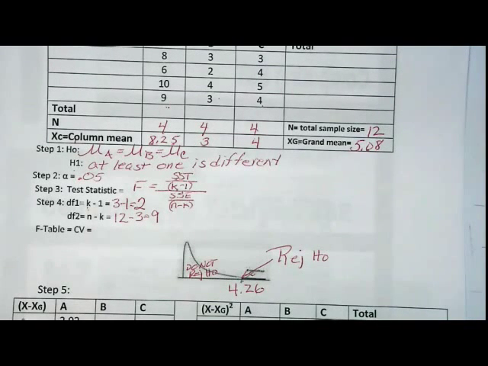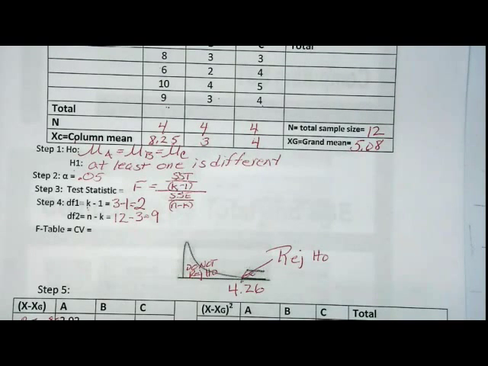So this first data point is 8, this 8 minus 5.08, and I got 2.92.